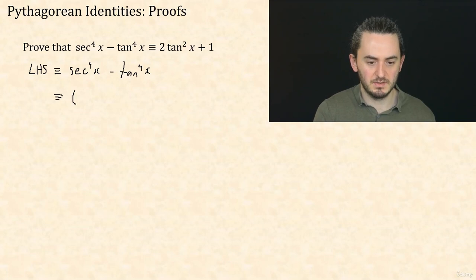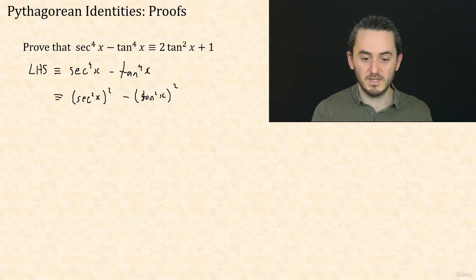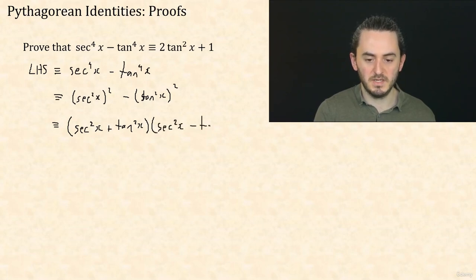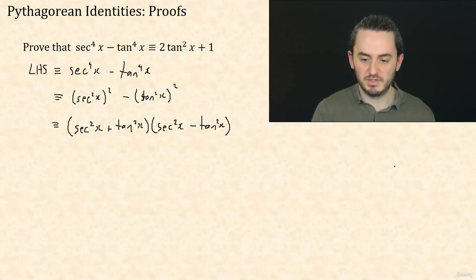Well, it's sec squared x squared minus tan squared x squared. Right, a thing squared minus a thing squared. And that means that we can write it as sec squared x plus tan squared x times sec squared x minus tan squared x.